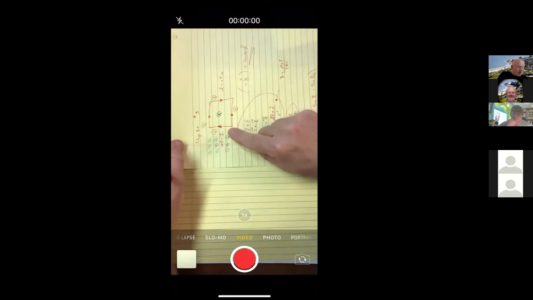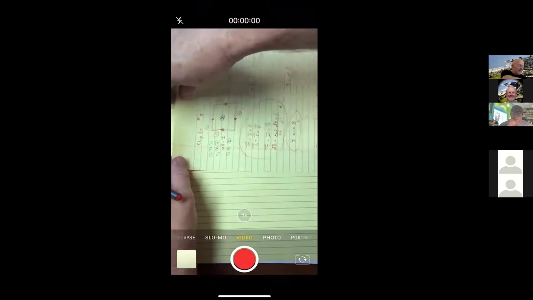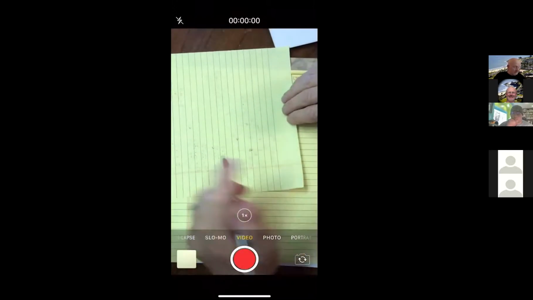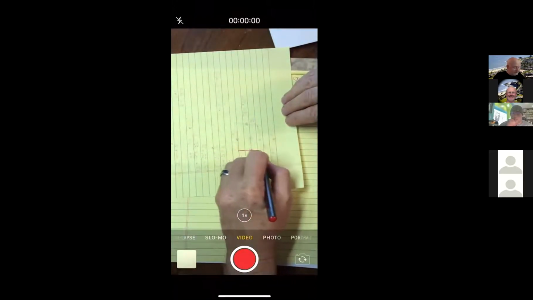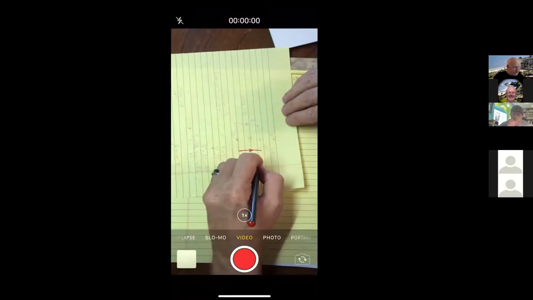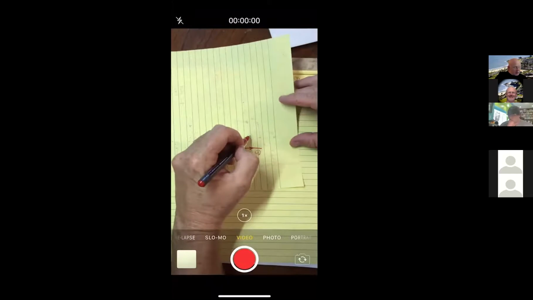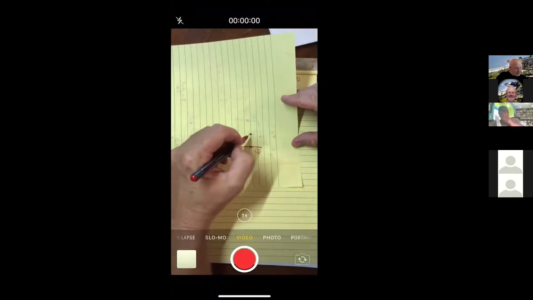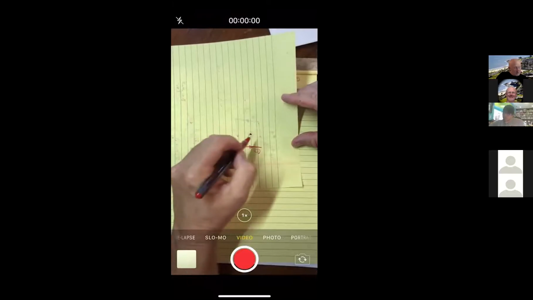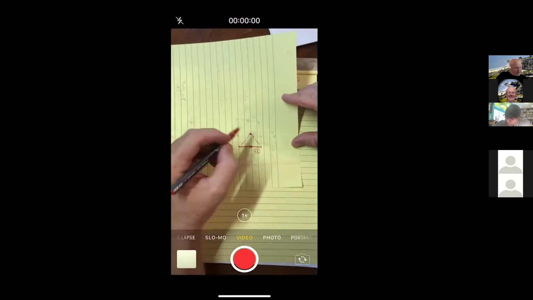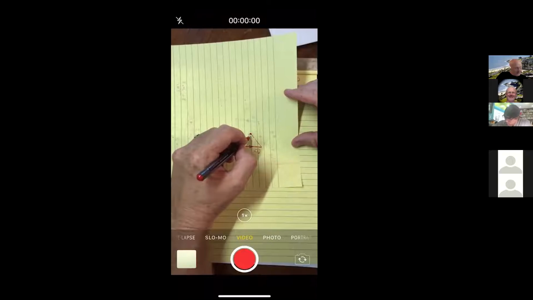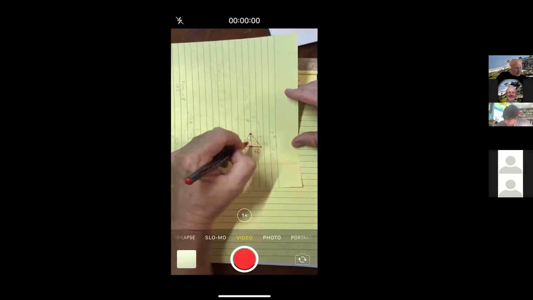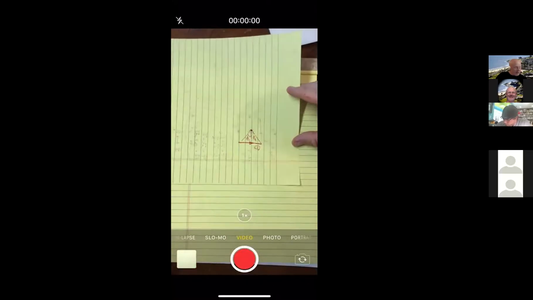Let's turn it and flip it over. So there is the center of it. There would be the two lines to the end of the wire. And there would be the perpendicular. So that would be theta 1 and that would be theta 2.